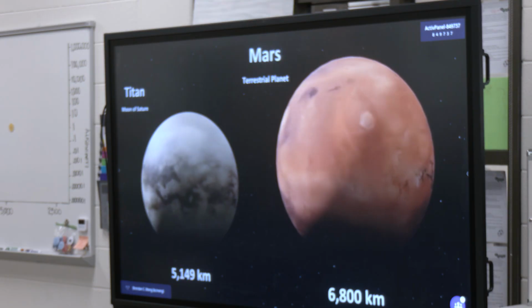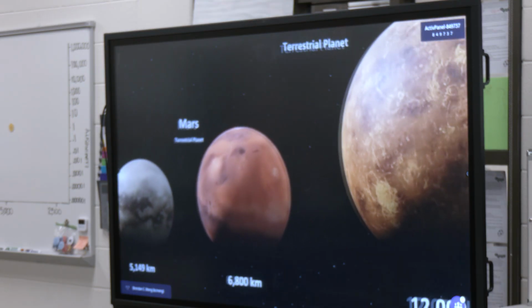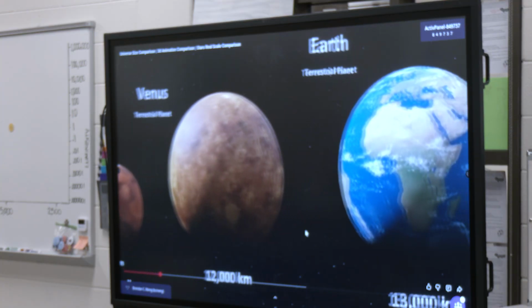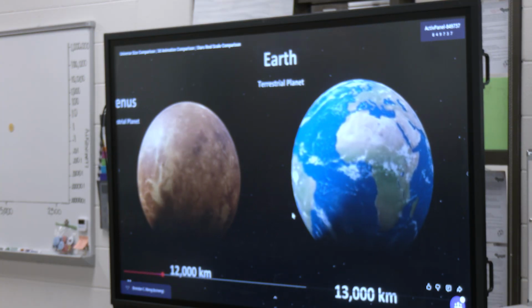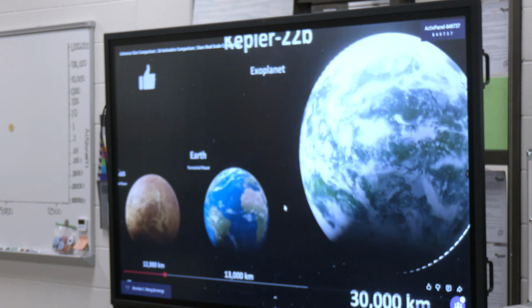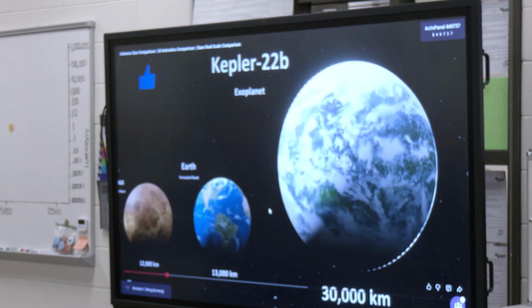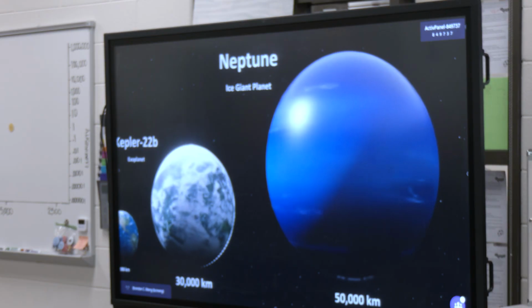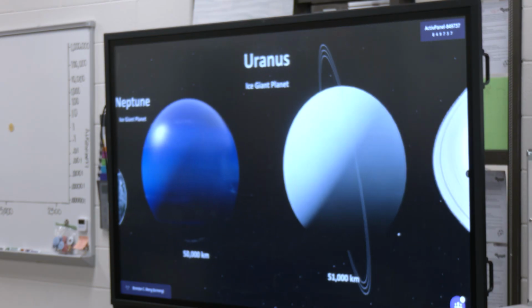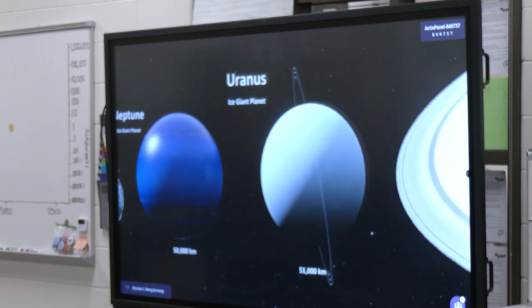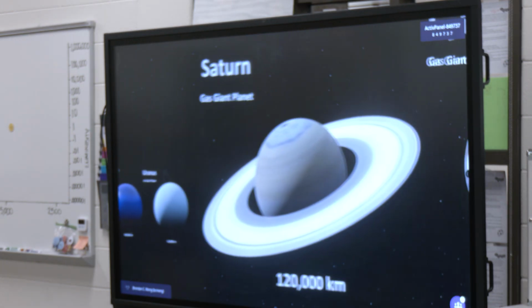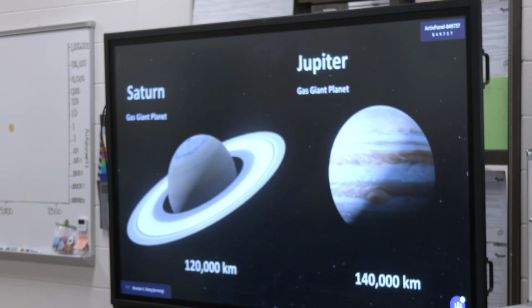Titan is a moon of Saturn. Venus. There we have Earth. Wow. Ooh, okay. So now we're getting into exoplanets. There's Neptune, one of our gas giants. Uranus. Saturn with its rings. And Jupiter.